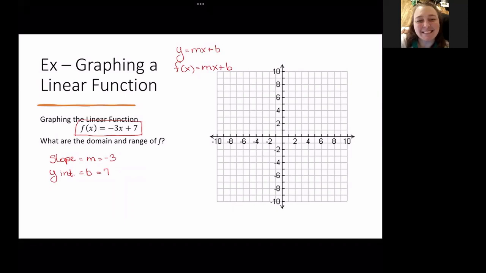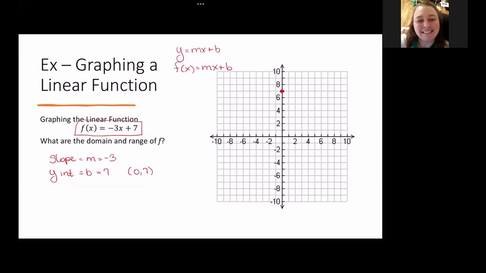So first, let's plot the y-intercept, because we know that that is going to be a point of (0, 7). So we go 0 and come up to 7, and we're going to put a point there.